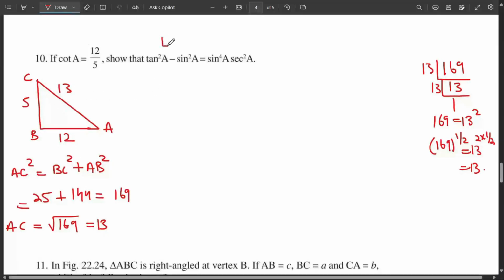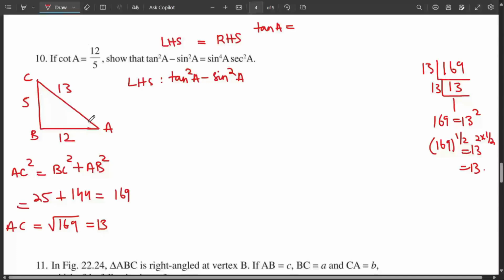So now we need to prove that LHS is equal to RHS. That is, left hand side of the equation is equal to right hand side of the equation. So in the LHS, we have tan square A minus sin square A. So what is tan A?